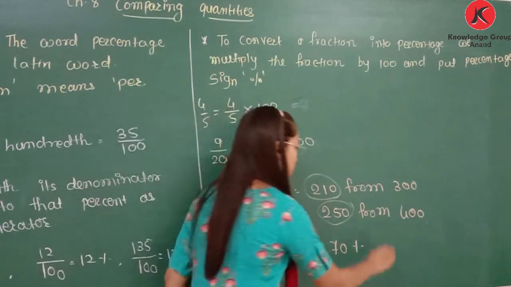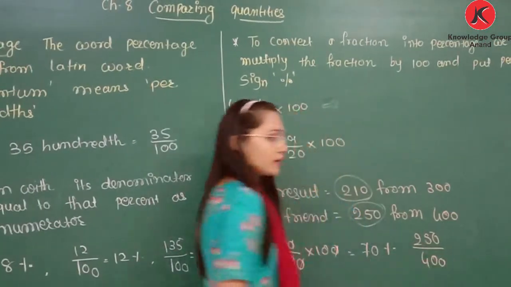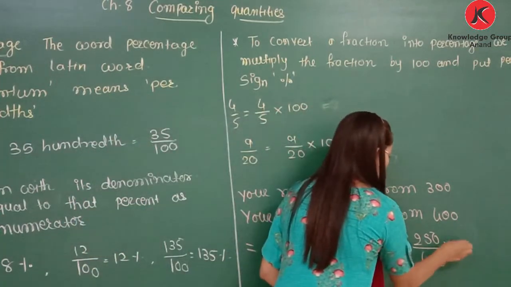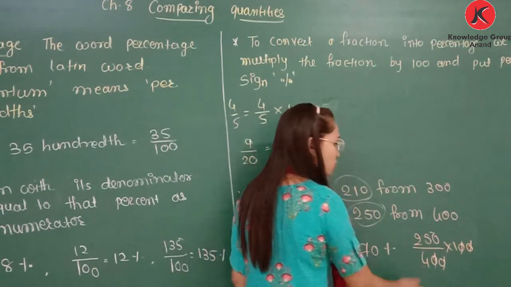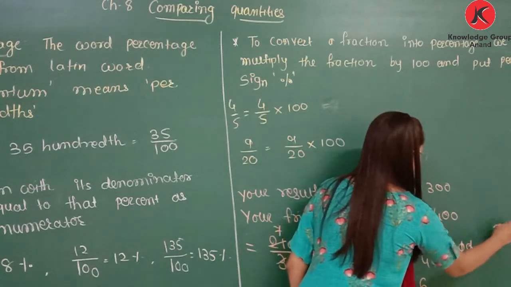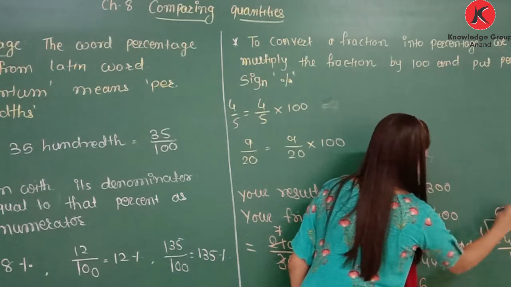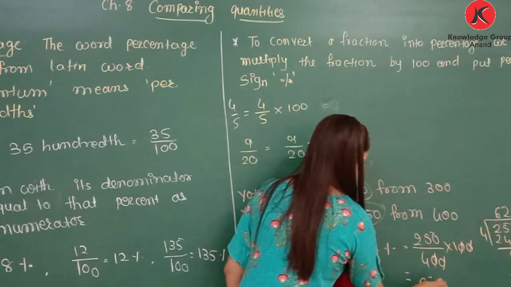Now for your friend, that is 250 from 400, it is 250 multiplied by 100. Here we can cut two zeros. Now divide 250 by 4, so we will get 62.5%.